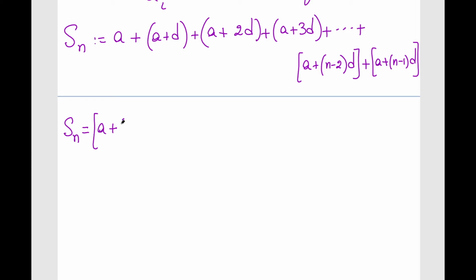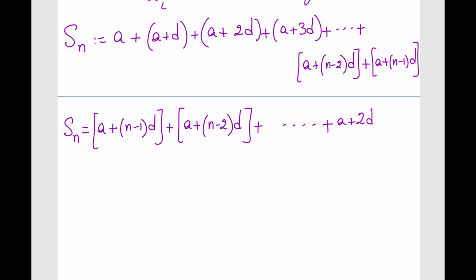So a plus (n minus 1)d, plus the previous, so a plus (n minus 2)d, plus dot dot dot all the way to, let's write the last three terms, a plus 2d plus a plus 1d plus a, right? Correct?